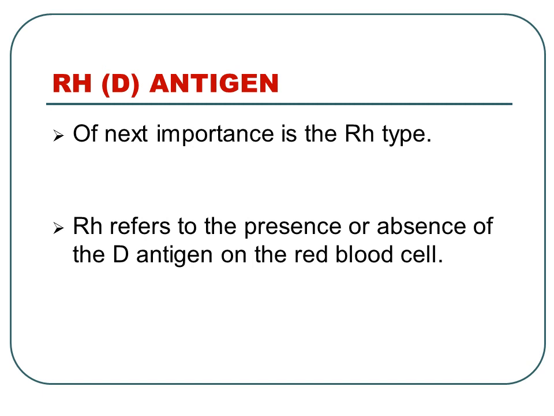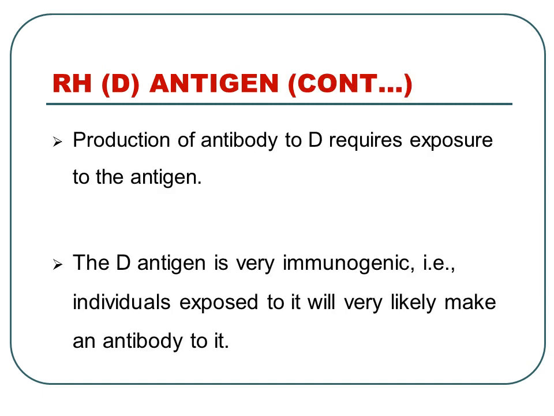Now let's talk about the Rh D antigen. The Rh D antigen is of next importance in Rh typing. Rh refers to the presence or absence of the D antigen on the red blood cell.